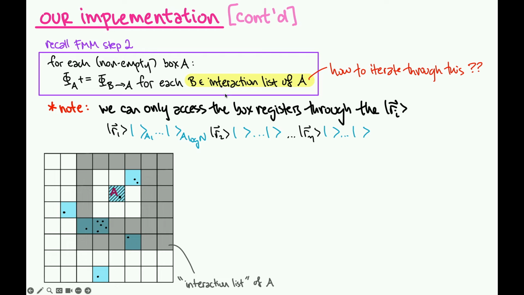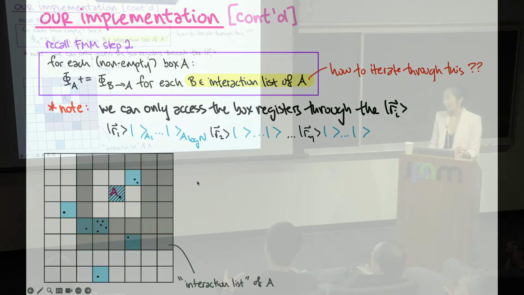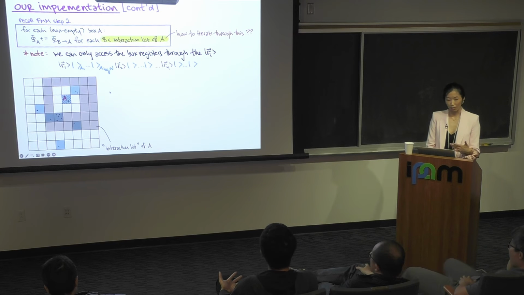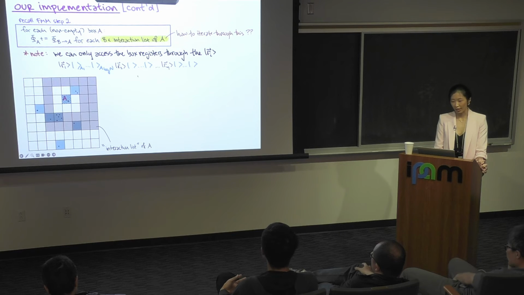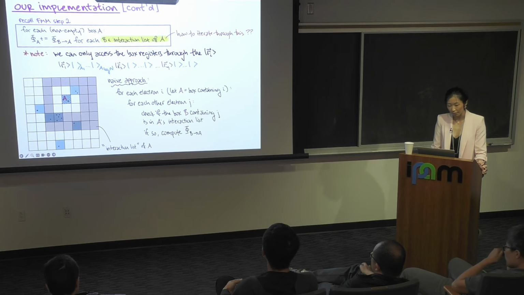So then how do we even iterate through the interaction list of A? We know what the boxes in this list are, but for any given box, how does the circuit know which register to look at? If you gave me a particular box, we can't even immediately tell where the corresponding register is or if it's there at all without iterating through all of these registers.